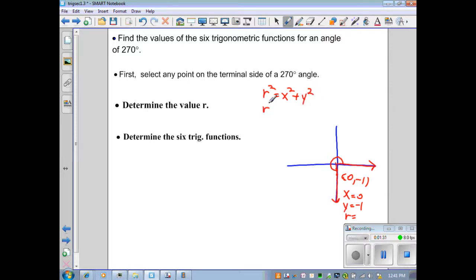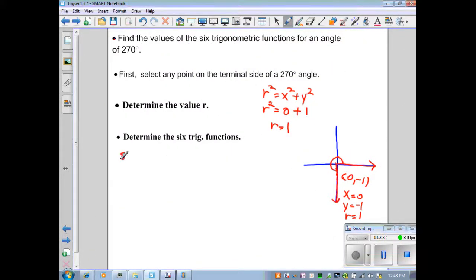Substituting, r squared is going to equal x squared, which is 0, plus y squared, which is -1 squared, which is 1. r squared is going to equal 1, therefore the square root of that will be r equal to 1. Now I have my 3 values. Let's continue and find our trig functions.